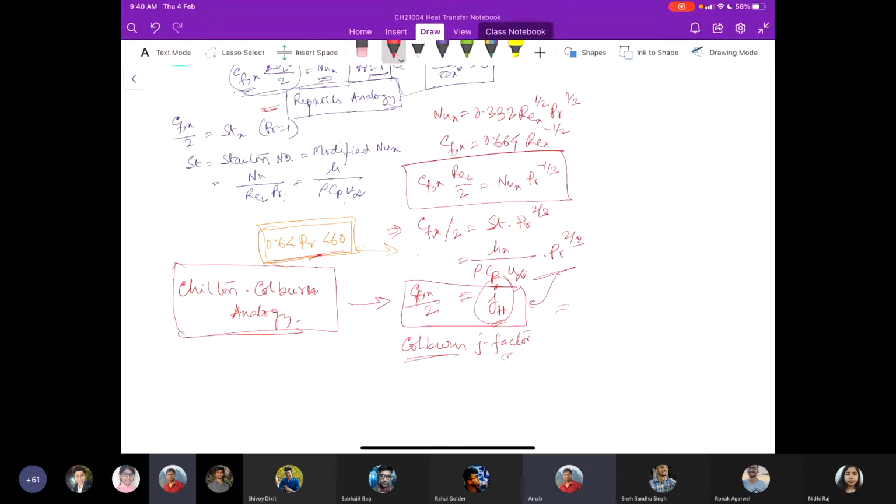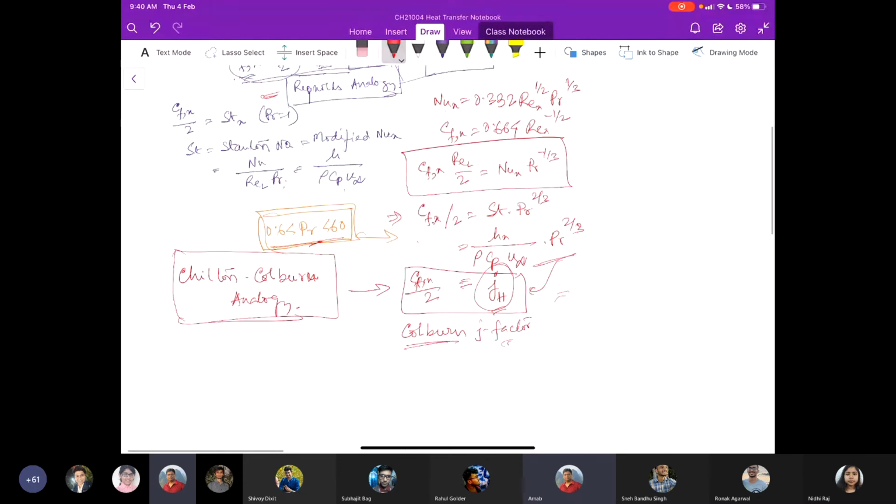There are several analogies particular to the situation, like specific turbulent flow, different kinds of turbulent flow, different ranges of Reynolds number, but we will not go into that detail. But the bottom line is, why is it needed in the first place?